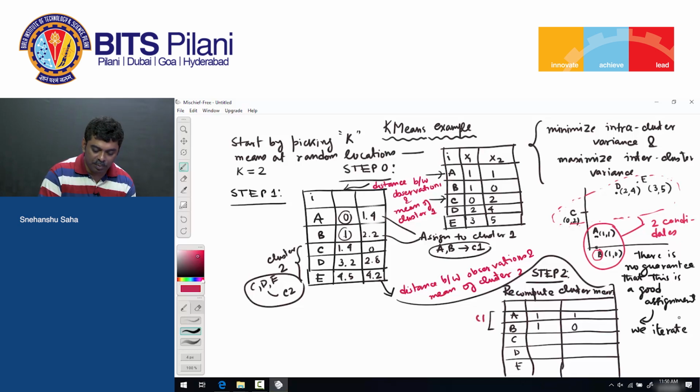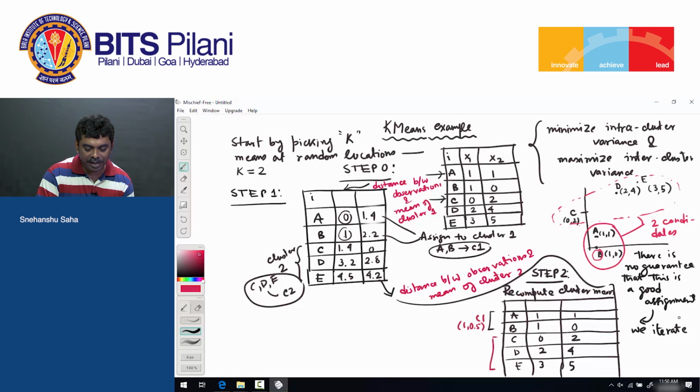The mean would be 1 and 0.5, isn't it? These three are 0, 2, 2, 4, 3, 5. So therefore, I'll recompute the means.